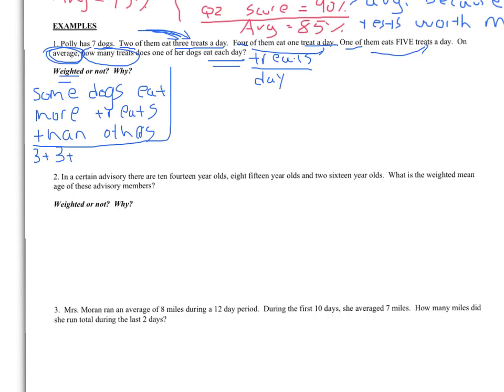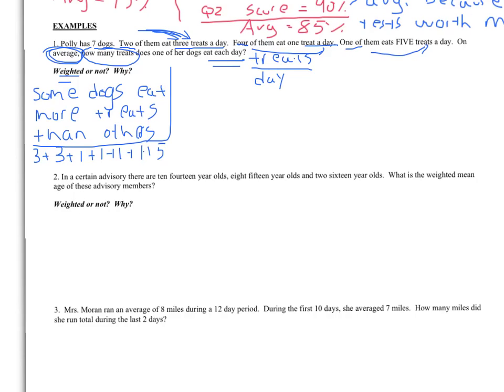So you'd be like, oh, plus the 1 dog eats 1 treat. Again, 4 of them, right? So plus 1, plus 1, plus 1. And then 1 of them eats 5 treats a day. So we could do it the long way, add all those up, and divide by the 7 dogs. But there's a better way of doing it.